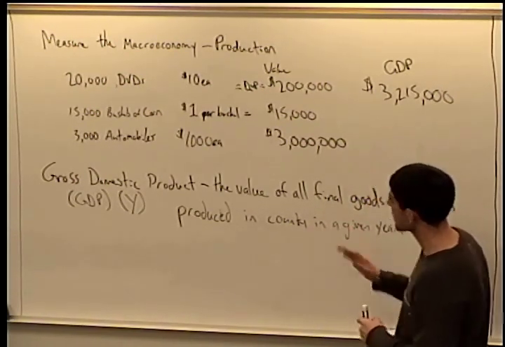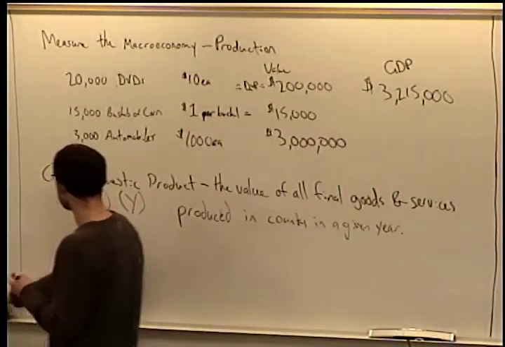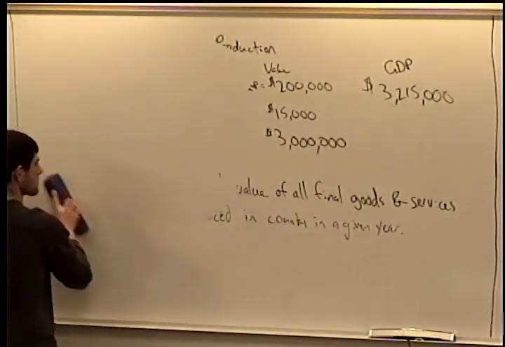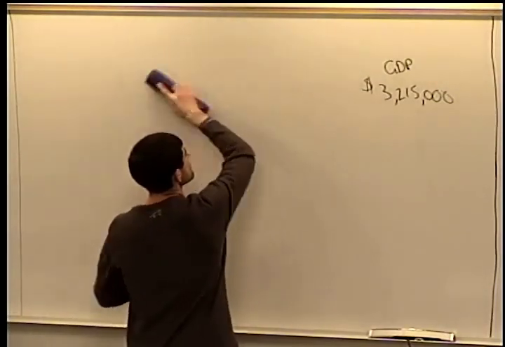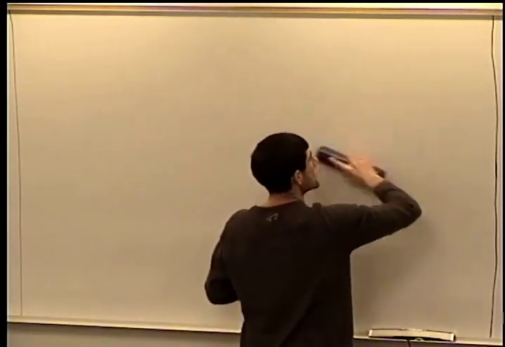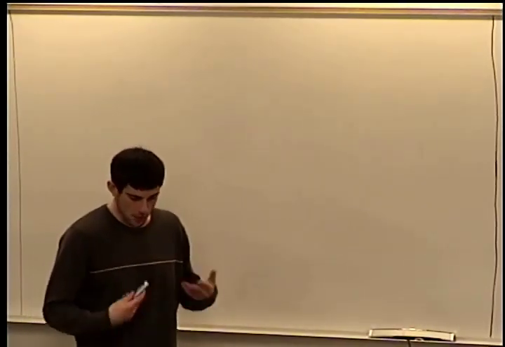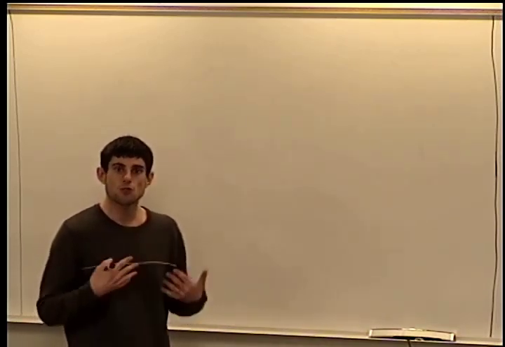For example, we obviously don't want to double count. The problem is that when we look at value added or final goods and services, we can't use both.